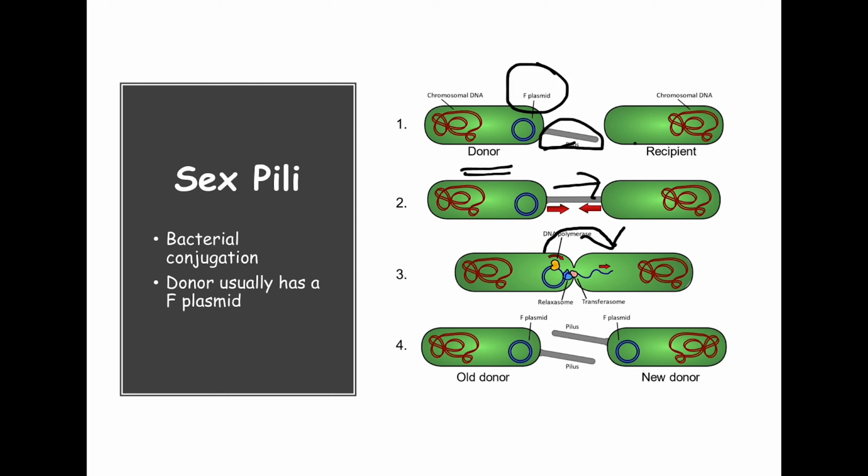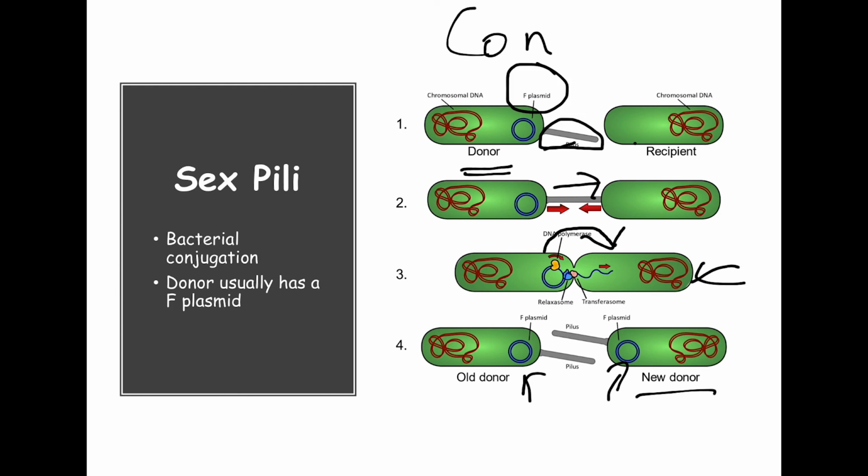So after the process, that donor, which we call an F positive cell, will convert the recipient into a donor. So it then also becomes an F plus cell, because it will now have the plasmid in it. This process is called conjugation.